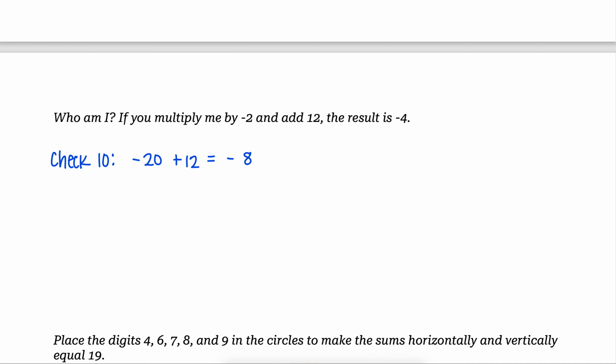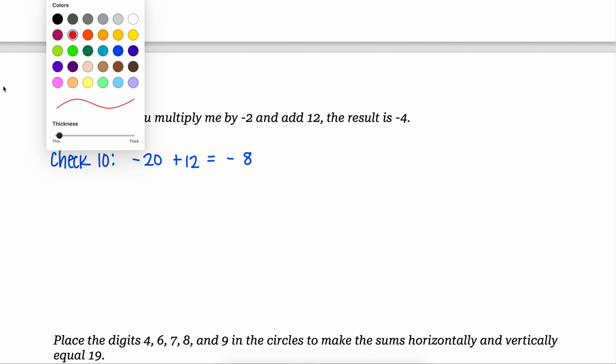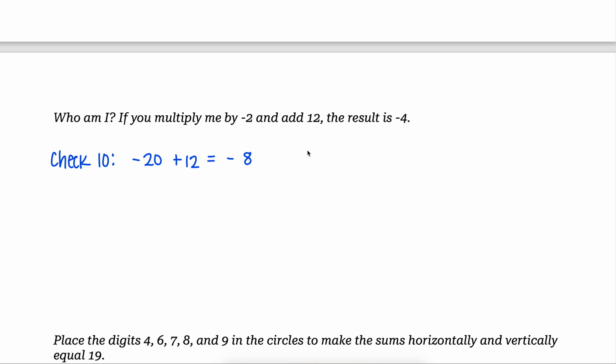But if you are more algebraically minded, let me switch to a different color here. You could set up an equation. I'm going to let n equal the number. If you multiply me by -2, so that would be -2 times the number, and add 12, the result is -4.